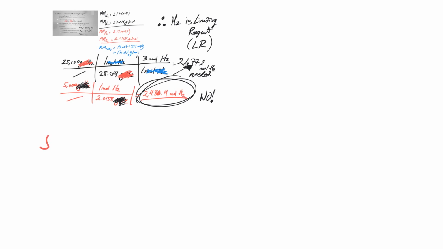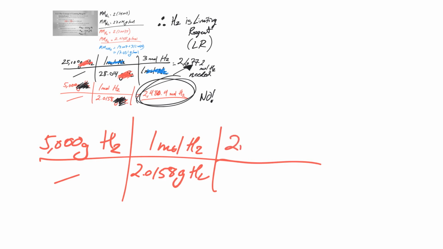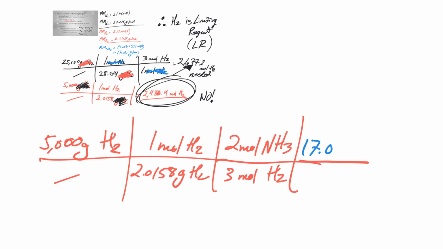We take the 5,000 grams of hydrogen, divide by its molar mass, multiply by the mole ratio, and ammonia in there was 2. And there were 3 moles of hydrogen. And then finally you multiply by the molar mass of ammonia, which was 17.031.